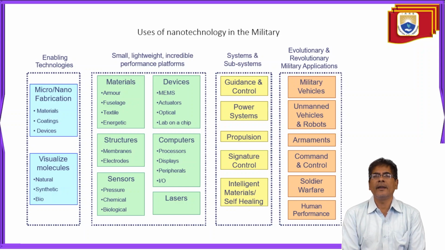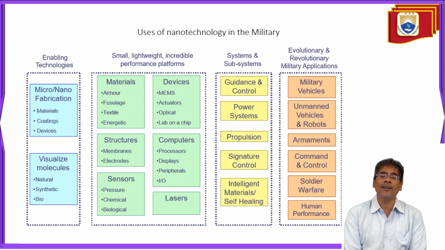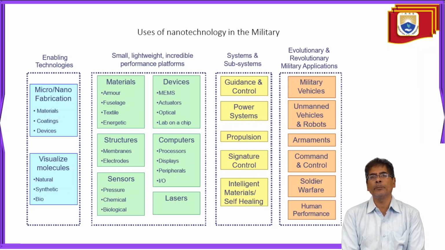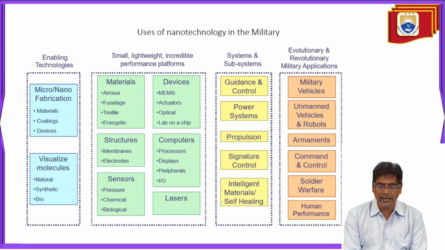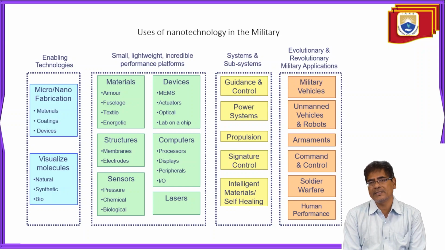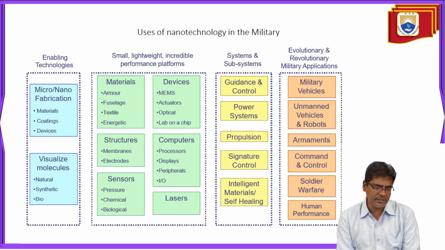We have actuators and sensors, some optical features, and also device making on lab on a chip. In computers, nanotechnology will be used for processors, displays, peripherals, and input-output devices. In sensors, we have pressure sensors, chemical sensors, and biological sensors.